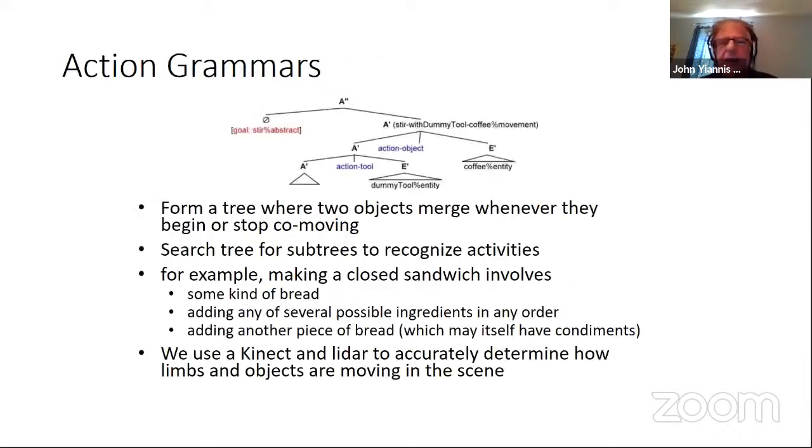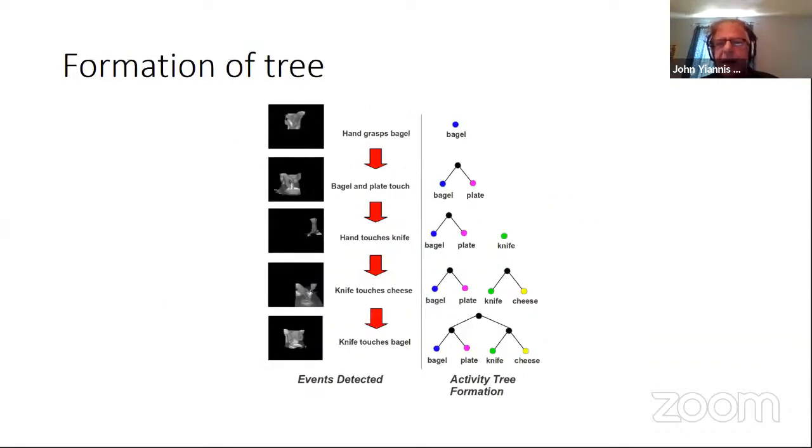You also have grammars for action, where basically you form the trees. You form the trees when 2 objects merge whenever they begin or stop co-moving. So you consider contact as the fundamental for making the parse trees.